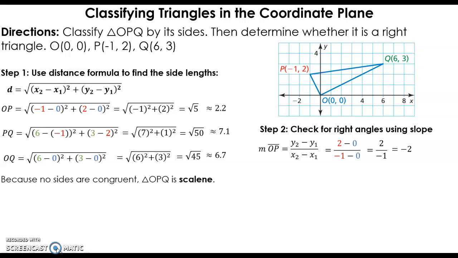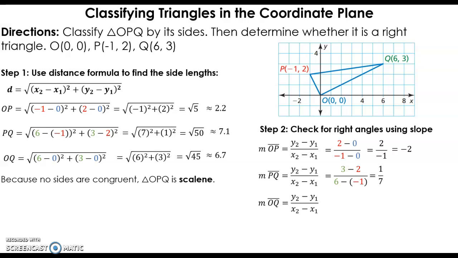Okay, now let's solve for our slope for PQ. If I were to plug in our values, I would get 3 minus 2 over 6 minus -1, giving me 1/7. Okay, go ahead and pause the video again and solve for your last slope.